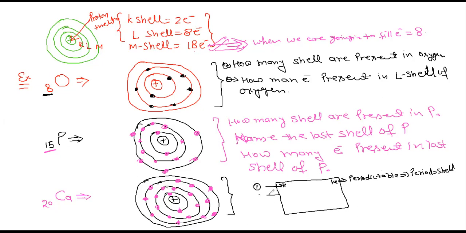The second period contains 8 elements. The first contains 2 elements, and the third period, if you have a periodic table, also contains 8 elements. So the number of elements in each period is the same as the number of electrons the cell contains. Clear? So first 2.